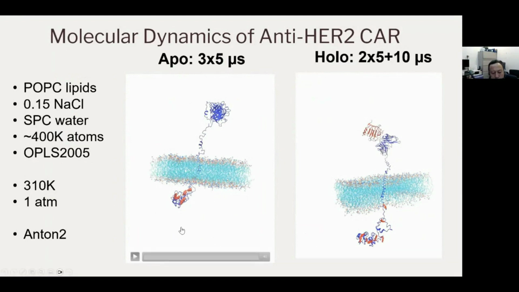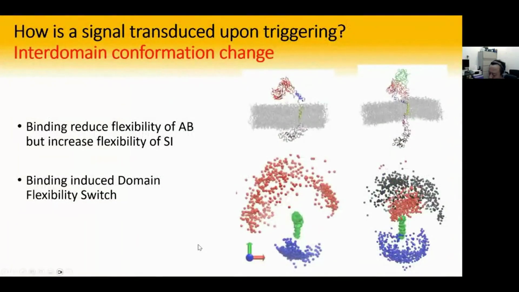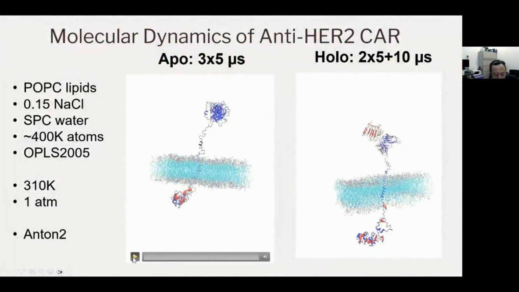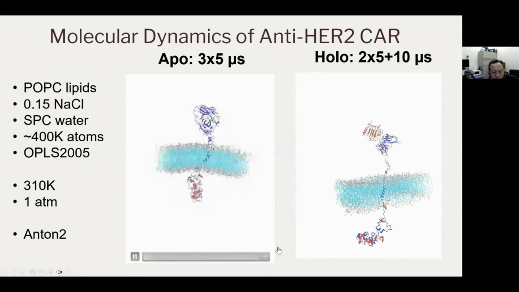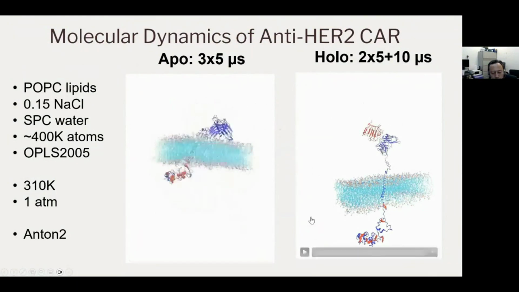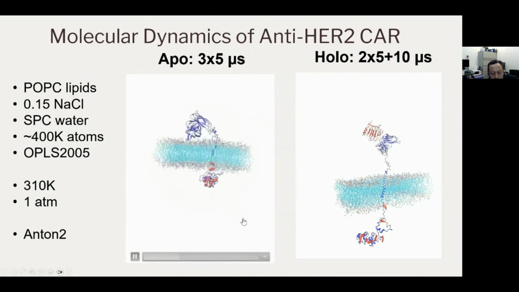Okay, then let's look at the simulation results. Can we learn something about the signal transduction across the membrane? So this is without the antigen. Without antigen, you can see this portion tries to associate with the membrane, but it's not fully buried in the membrane.